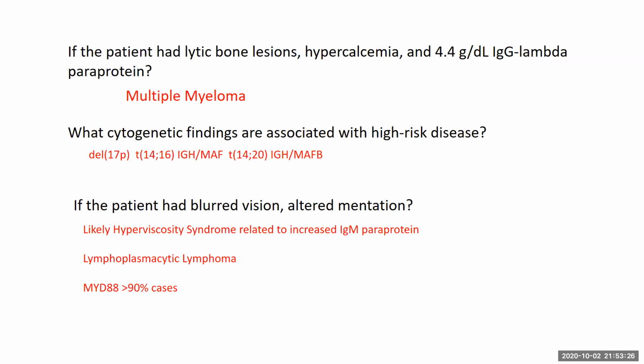That's also a buzzword for this type of disease. And commonly you'll see the MYD88 mutation in almost all LPLs. But keep in mind that you can have MYD88 in some of the other lymphomas, but given this classic morphologic picture with the IgM and the MYD88, it's always going to be LPL.